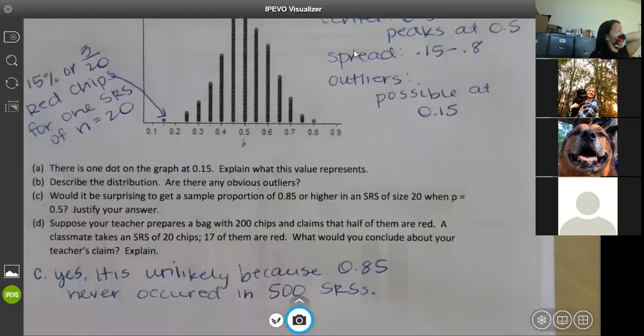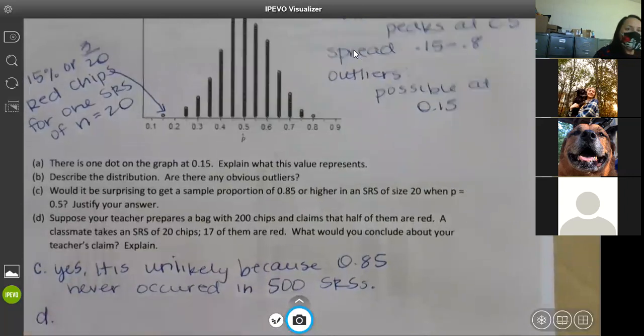Could it? Yeah, absolutely. You could get all 20 red. What is the likelihood of that happening? Slim to none, because in 500 that never even happened. So that's why it says it's unlikely. It doesn't say it is not possible. So watch the way that it words it.